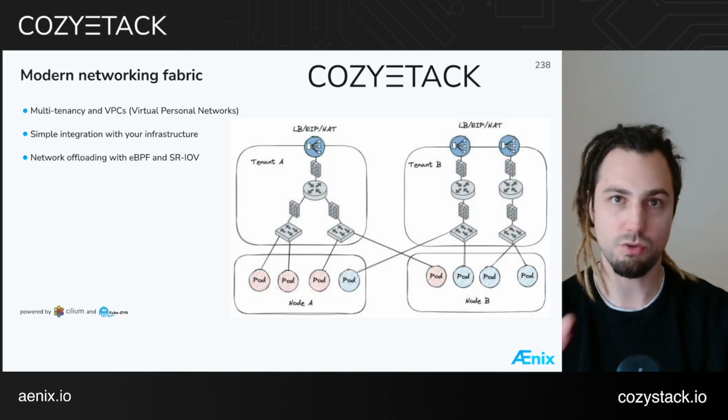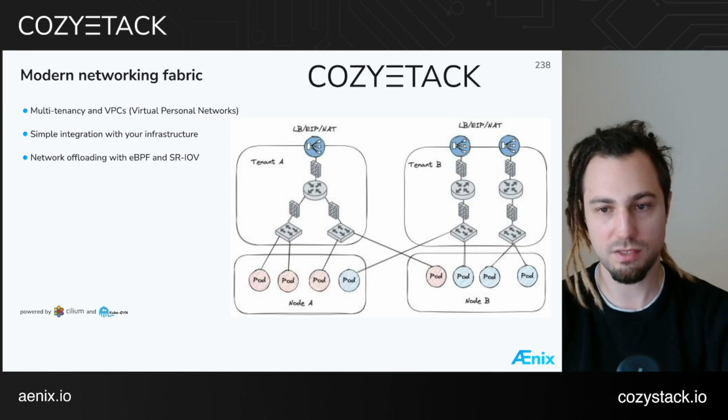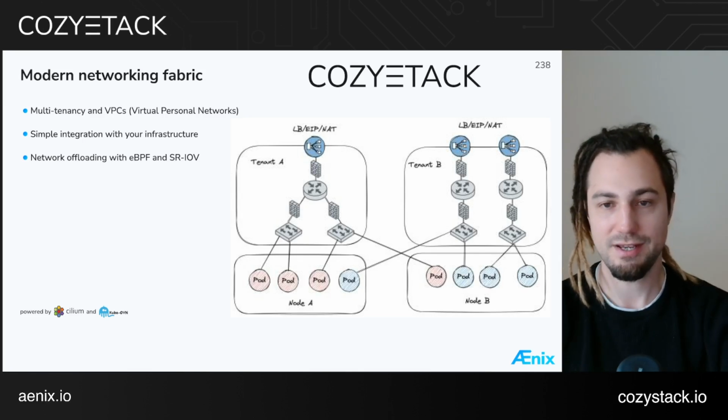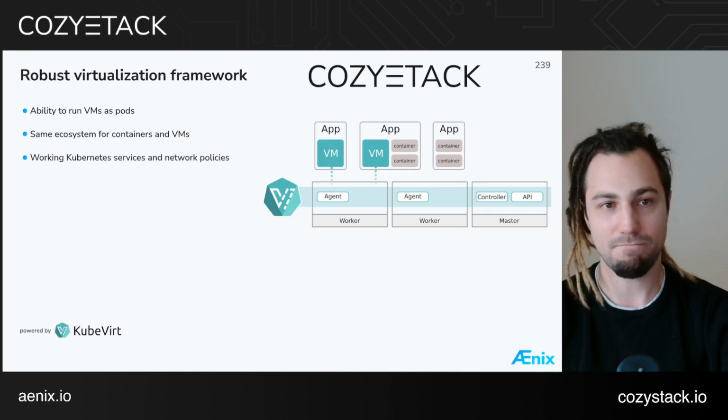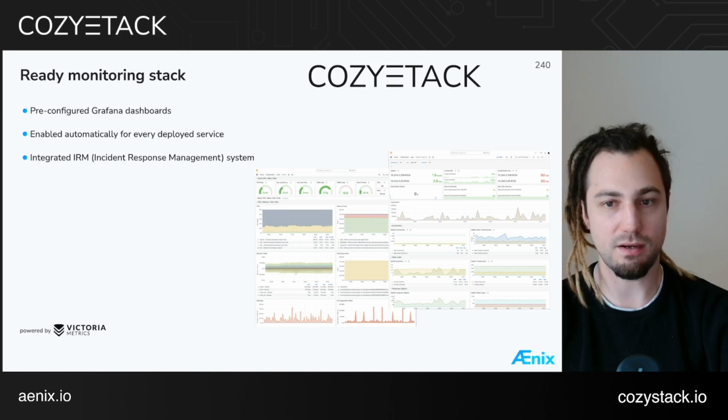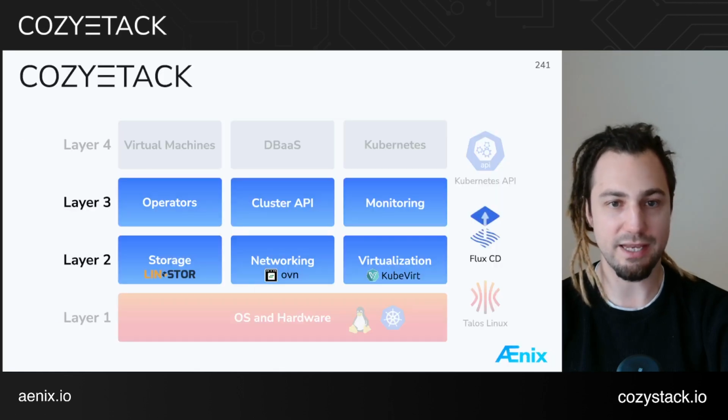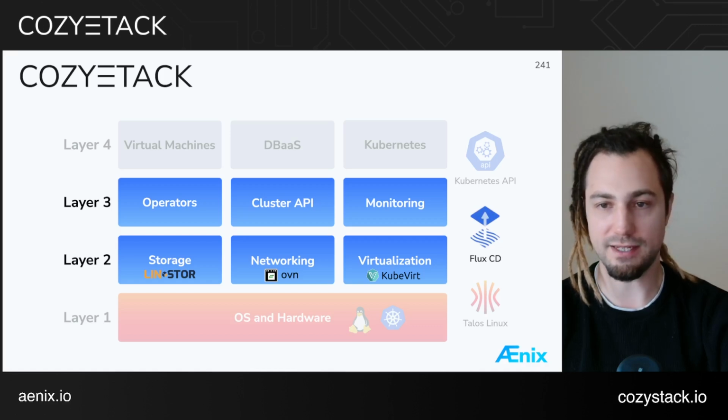It allows you to move IP addresses between the nodes, which ordinary CNI plugins in Kubernetes can't do. So KubeVirt is also coming this way, and the monitoring stack based on VictoriaMetrics and things like so. So we deliver all the system components using Flux.